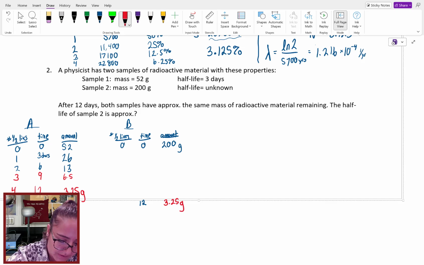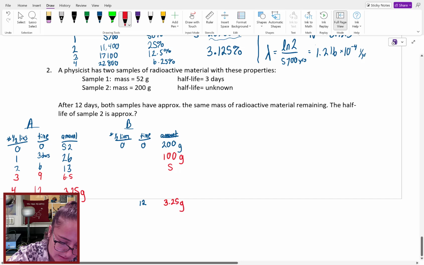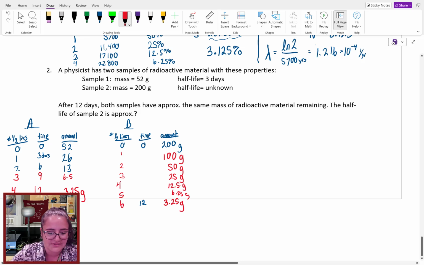Or backwards, we would have 100 grams, then 50 grams, then 25 grams, then 12.5 grams, then 6.25 grams, and then about 3.25 grams. So that's 1 half-life, 2, 3, 4, 5, 6 half-lives is 12 days.